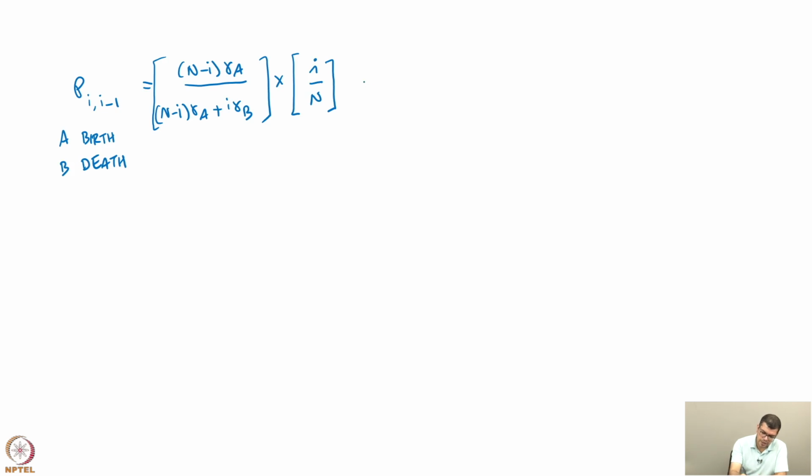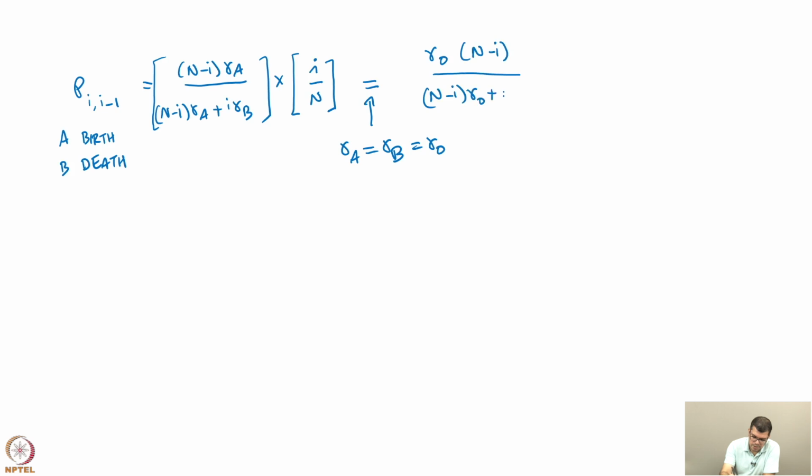Now we are going to plug in the fact that actually for the neutral variant R A is equal to R B. So, if we keep these two constant, let us say this is equal to R naught, then this just becomes R naught into n minus I divided by n minus I times R naught plus I times R naught, into I by n.